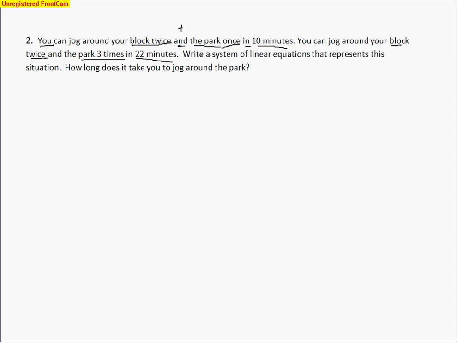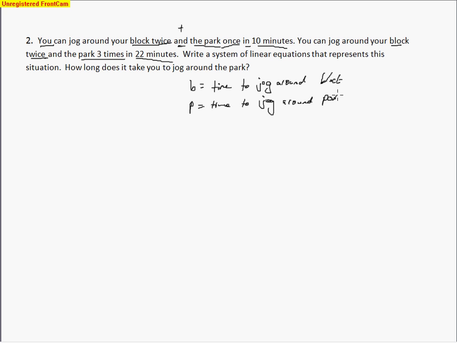Okay, so we're going to write a system of equations that represents this situation. How long does it take you to jog around the park? We've got two parts that we don't know. B is the time to jog around the block, and P stands for the time to jog around the park.